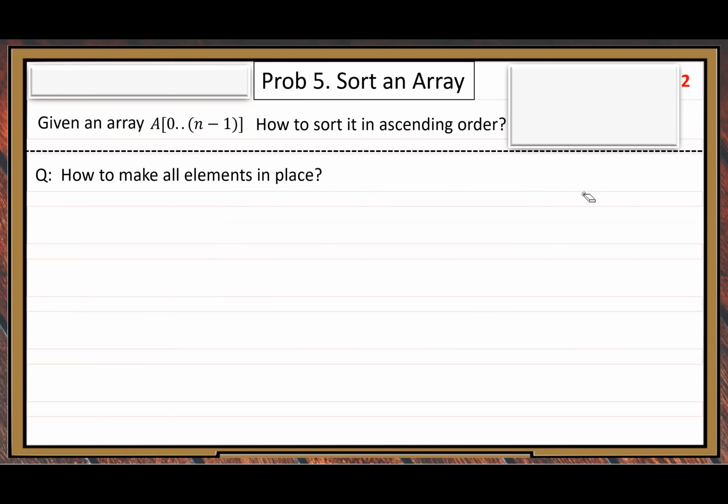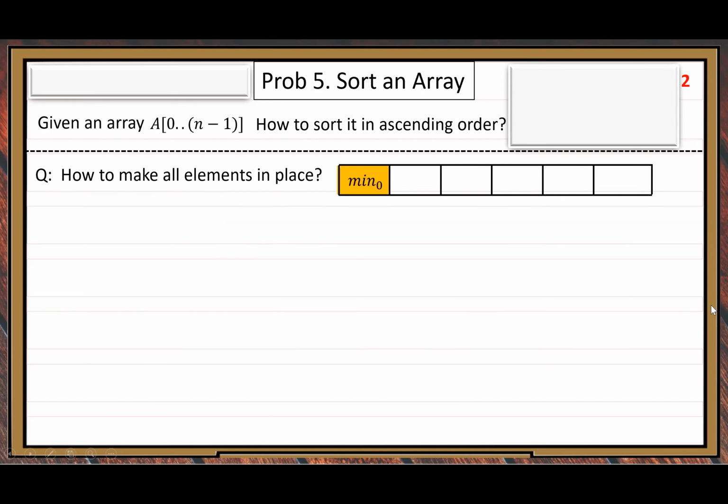Here, we already have that. I just ran this diagram to show the procedure. The first time we find the minimum of the whole array, so we put that element in place.